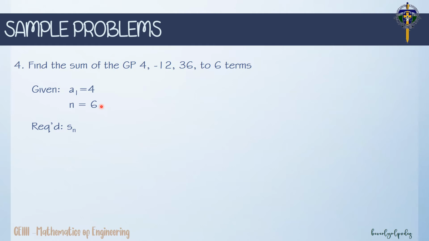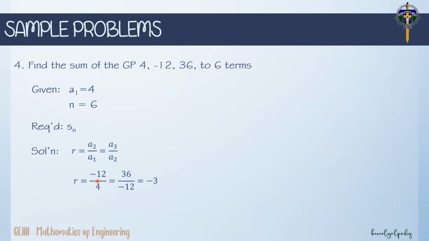To start, again, we can see that from the given first 3 terms of the geometric progression, we can solve for our ratio. r is equal to a2 divided by a1, which is also equal to a3 divided by a2. Since a1, a2, and a3 are known, we can substitute. r is equal to a2, which is negative 12, divided by a1, which is 4.